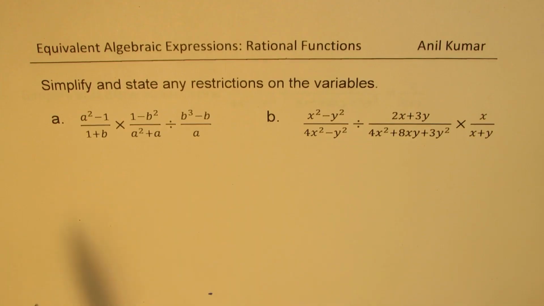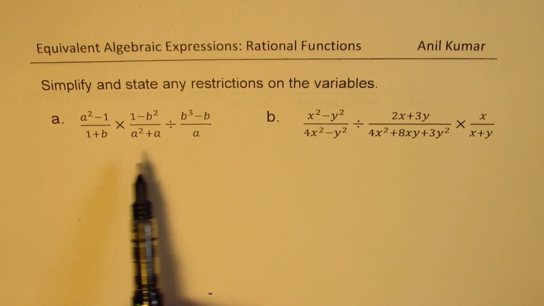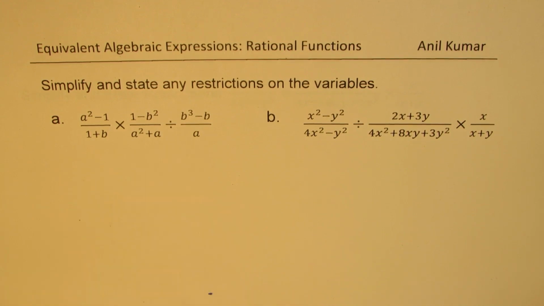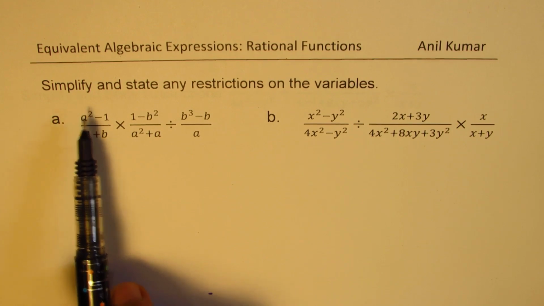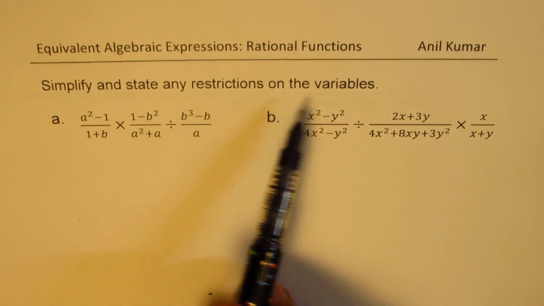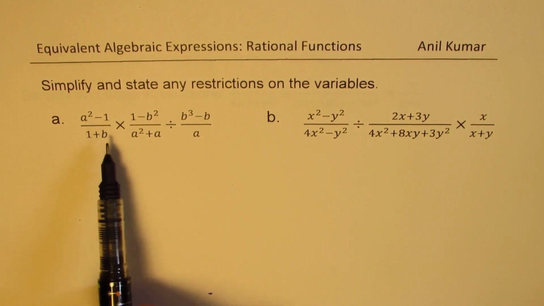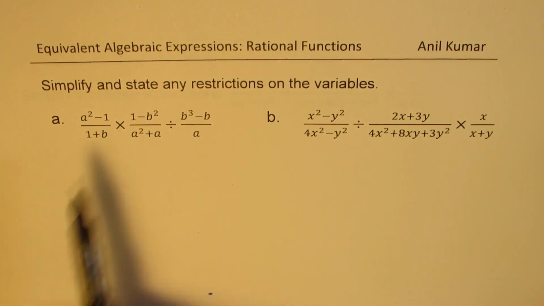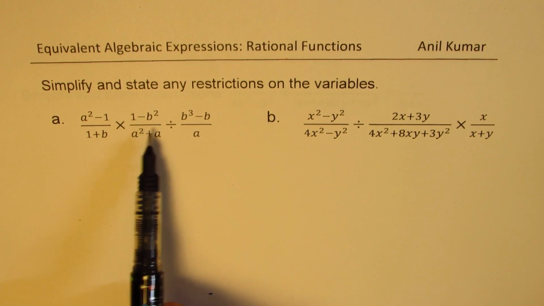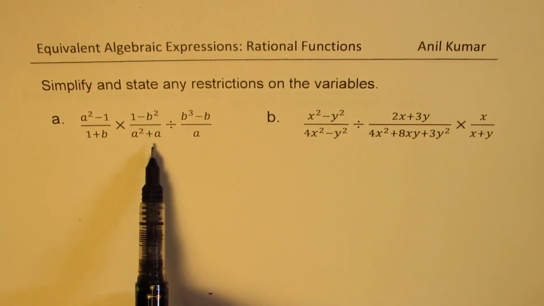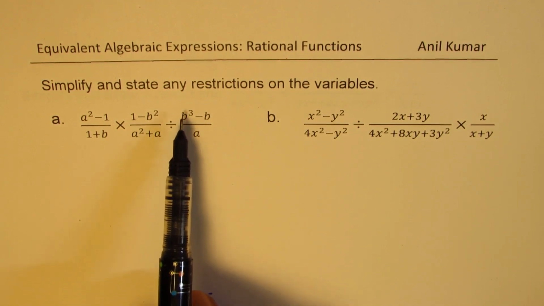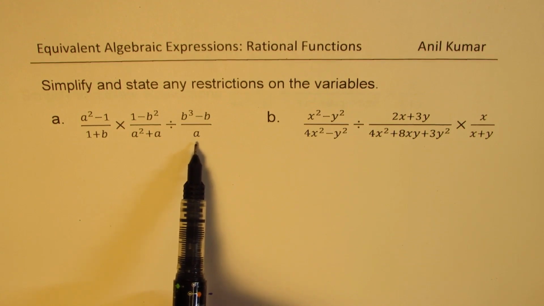Taking 2 examples where we are going to multiply and divide rational functions. The question here is to simplify and state any restrictions on the variables. (a square minus 1) divided by (1 plus b) times (1 minus b square) divided by (a square plus a) divided by (b cube minus b) over a.